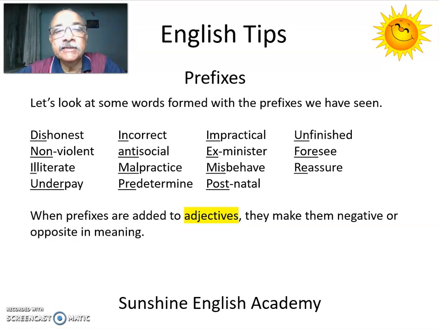So, in a few cases where we have prefixes like post or super, the meanings of the words don't become opposite or negative. We can have a word like superfast, where the root word is fast, but superfast is neither opposite nor negative.